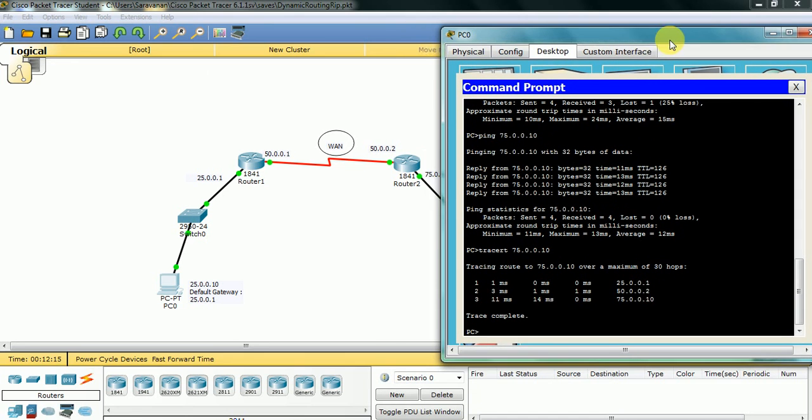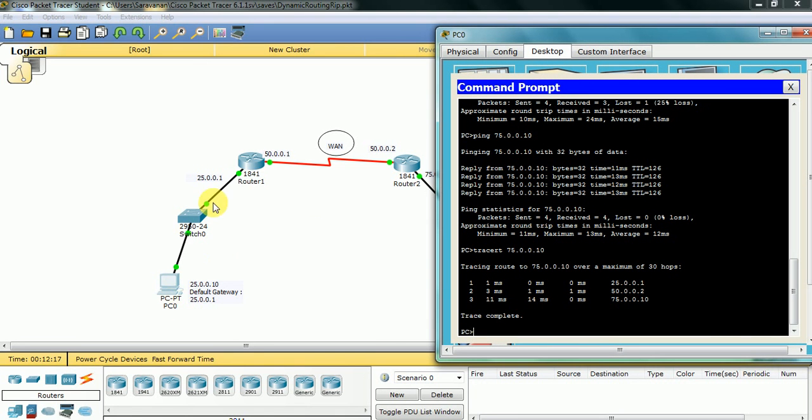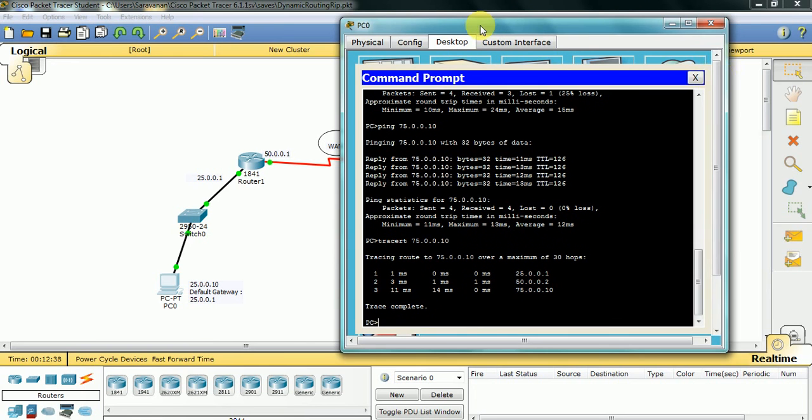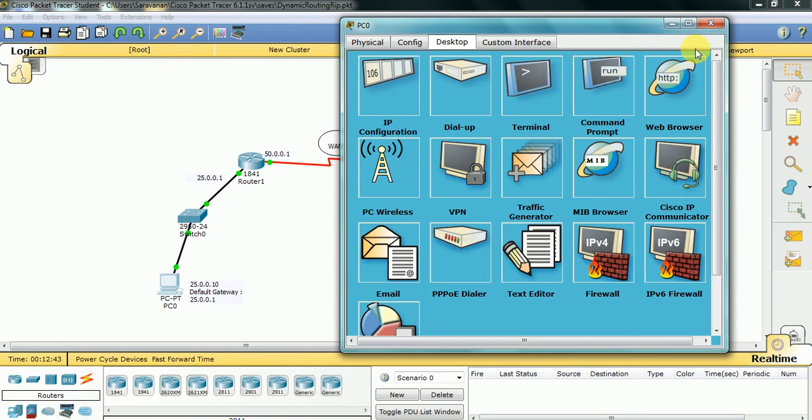See here. First, the gateway 25.0.0.1, and after that it could pass the data packet to 50.0.0.2, and after that it could transfer the data packet to 75.0.0.10. So this is the way we can configure a dynamic routing protocol using RIP.